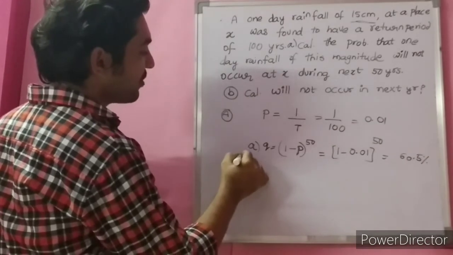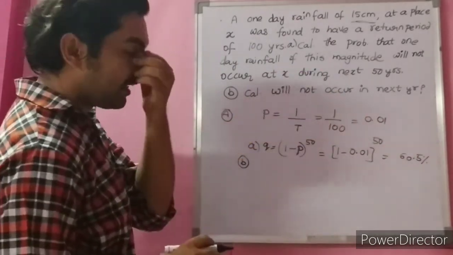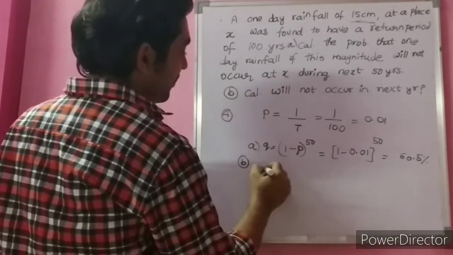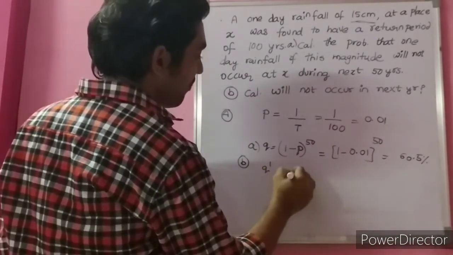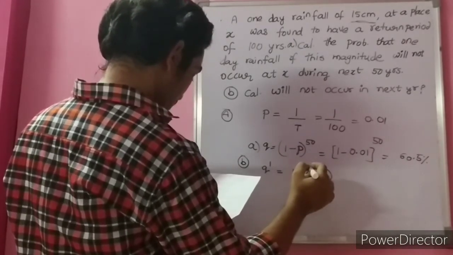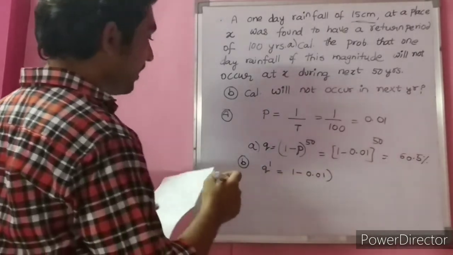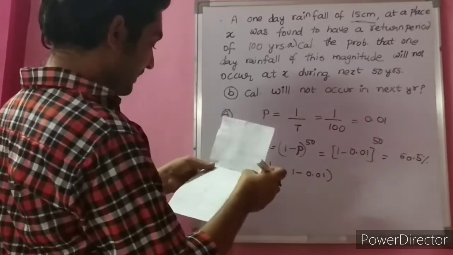Part B of the question: the probability it will not occur in the immediate next year.